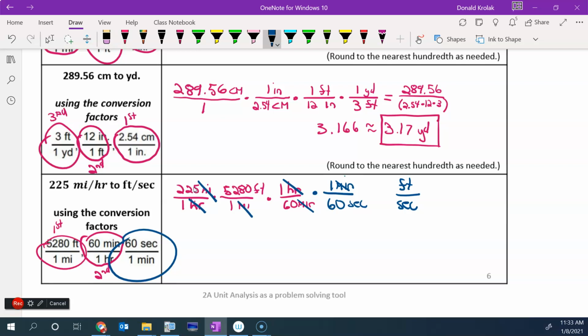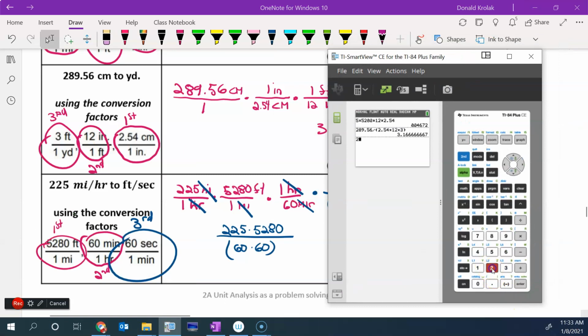So the only thing left is feet and seconds. Yeah, 330 feet per second.